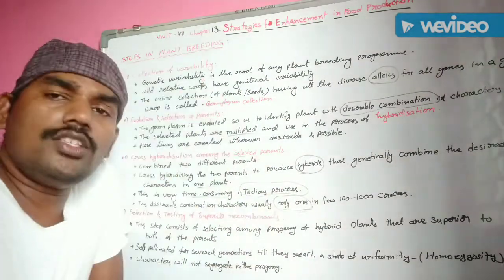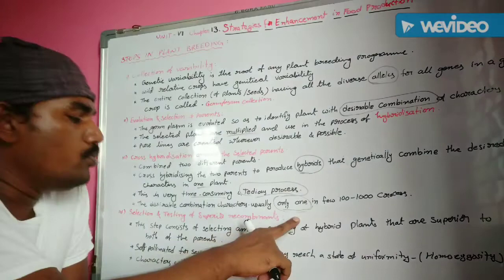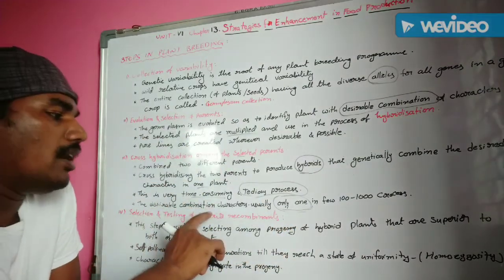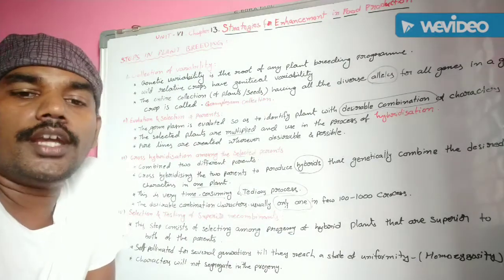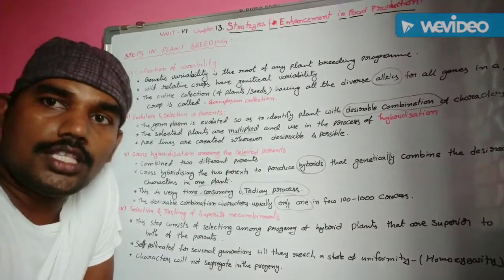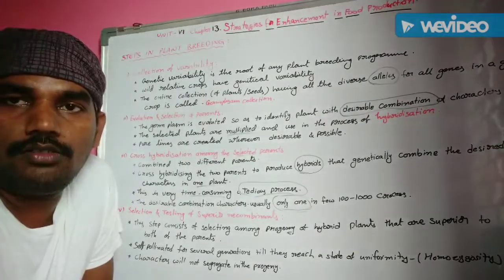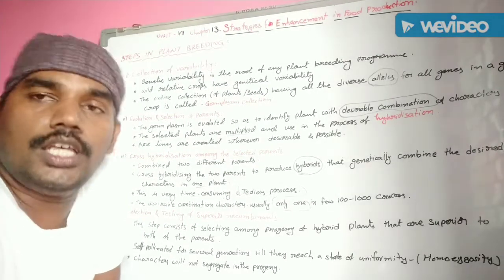అంటే అన్ని క్రాసెస్ చేసినప్పుడు ఓన్లీ ఒక ప్లాంట్ లో మాత్రమే యు ఆర్ అబ్జర్వ్డ్ డిజైరబుల్ కాంబినేషన్ క్యారెక్టర్స్. మనకి ఏ క్యారెక్టర్ కావాలనుకున్నామో ఆ క్యారెక్టర్స్ డిజైరబుల్ కాంబినేషన్ క్యారెక్టర్స్. వాట్ ఆర్ ద డిజైరబుల్ కాంబినేషన్ క్యారెక్టర్స్? Disease resistance, high yielding.